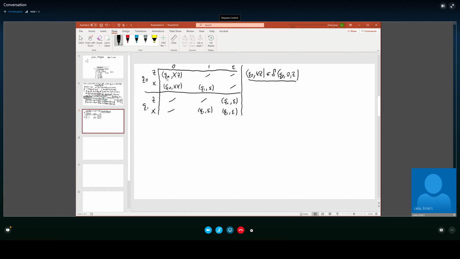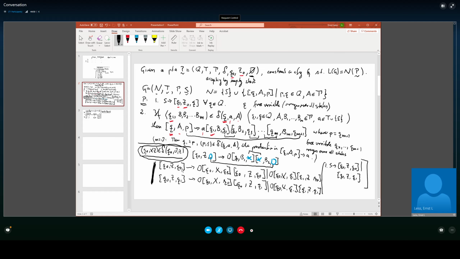This is this. Delta of Q0 and Z0 and Z contains Q0XZ. That's what that is. Okay, so this is this. And from that, we are going to get these 4 productions. 1, 2, 3, 4.